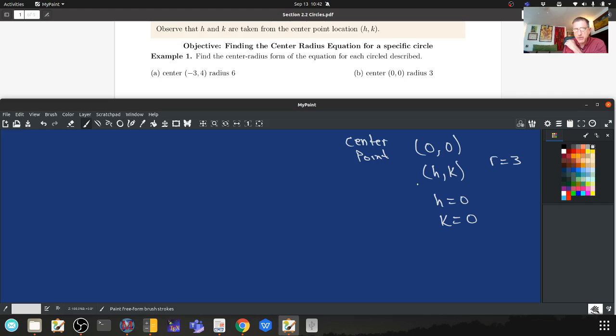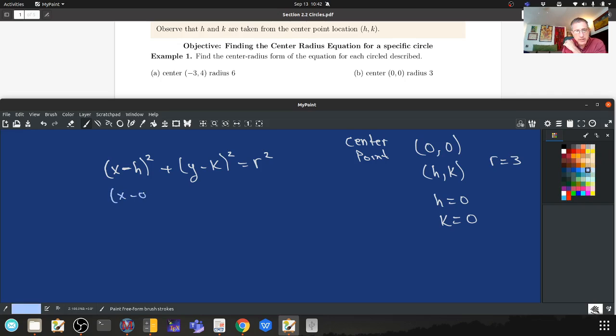So here I'm going to go ahead, for those of you who might be throwing a fit, (x minus h) squared plus (y minus k) squared is equal to r squared. So literally all I'm doing now is just plugging in values.